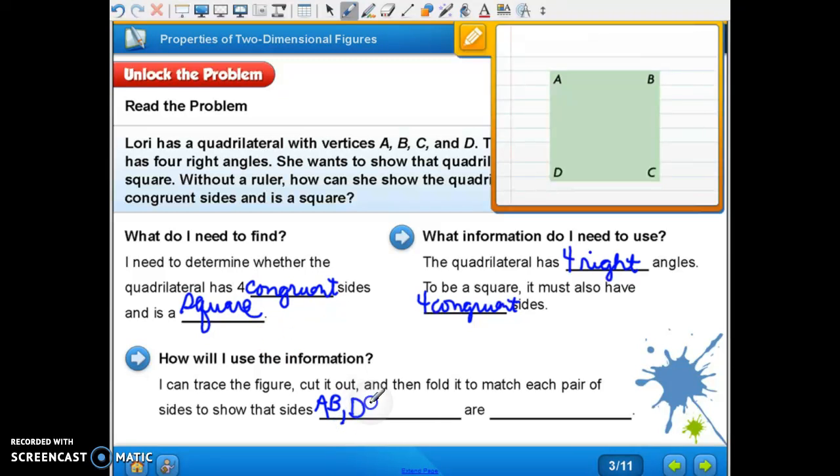DC, comma, BC, and AD are congruent. So sides AB, DC, AD, and BC are congruent.